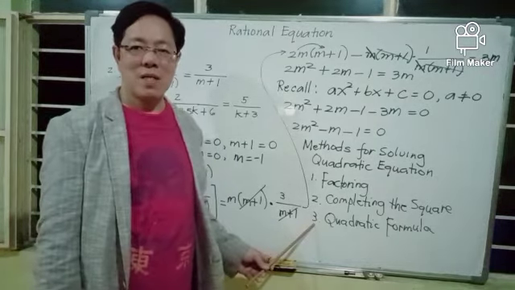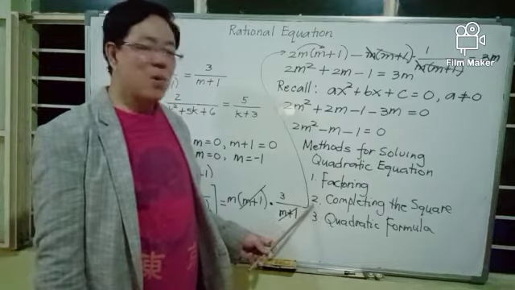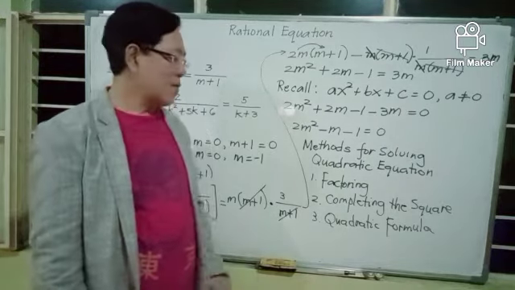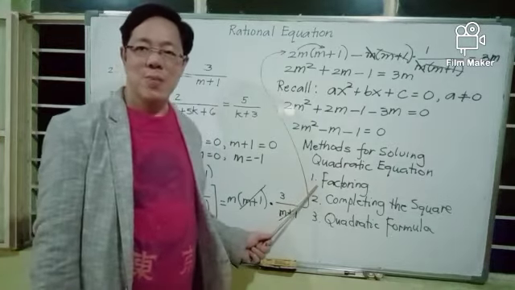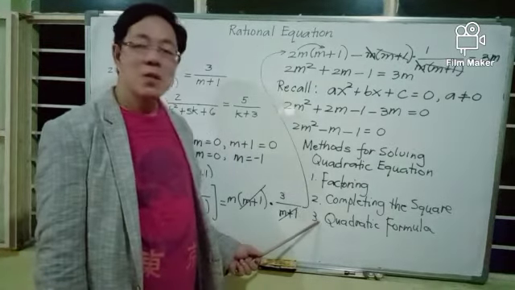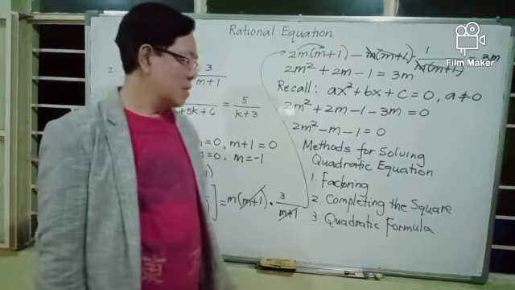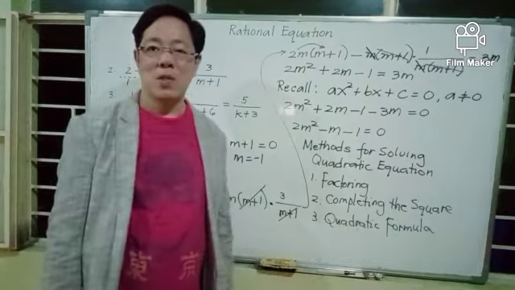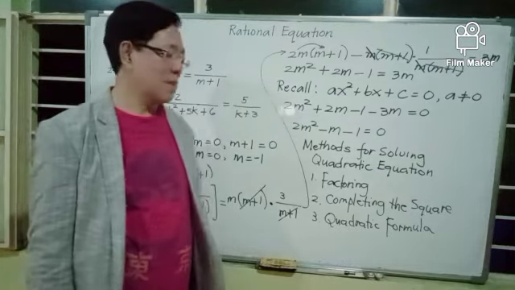Completing the square is not usually used in solving a quadratic equation. If the quadratic equation is not factorable, we use the quadratic formula. However, the method of completing the square was used to derive the quadratic formula.